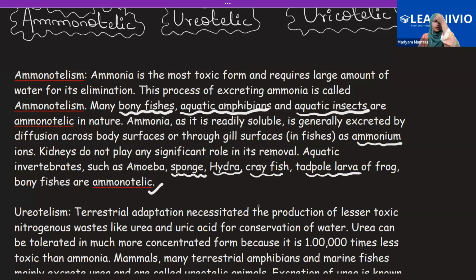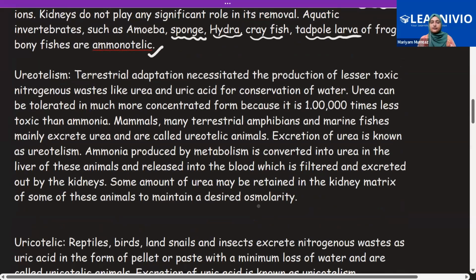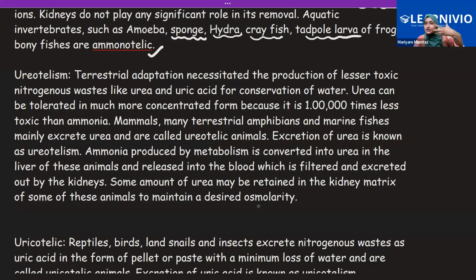After that, there comes ureotelism. Now see, when organisms started to evolve, initially all the organisms lived in the water. But slowly, settlement of the organisms on the land began, and as a result they started to adapt better, or they had less toxic nitrogenous waste. Why?